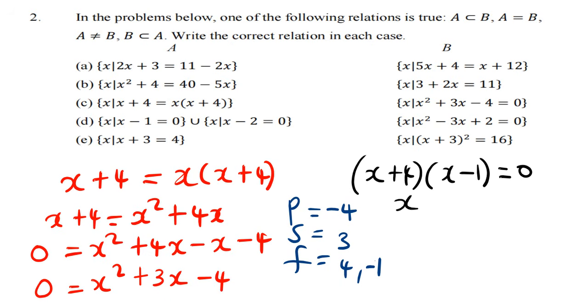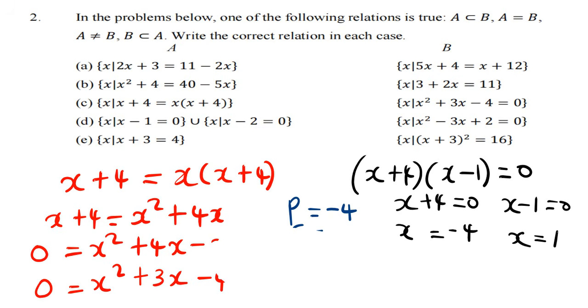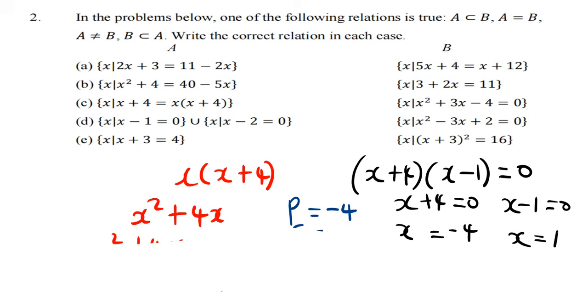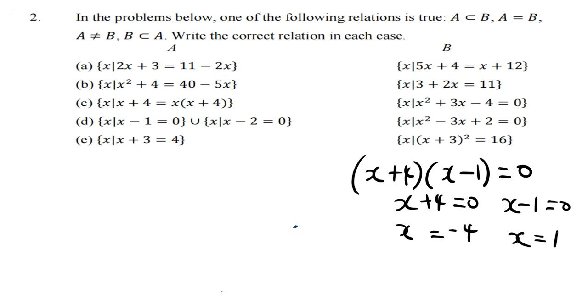So x + 4 = 0, x - 1 = 0. Therefore, x will be equal to -4 and x will be equal to 1. So those are the solutions that I have for A. Allow me to just rub this and write on the other side. So I'm saying A is -4, 1.